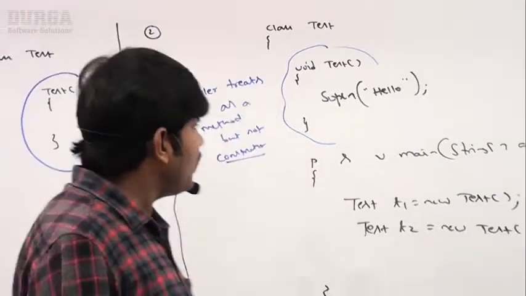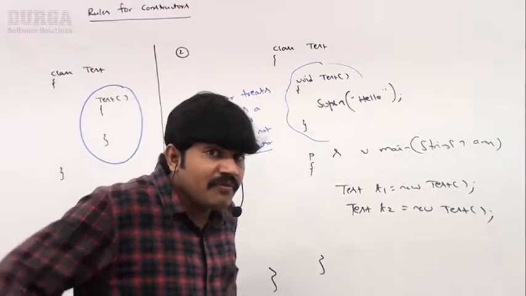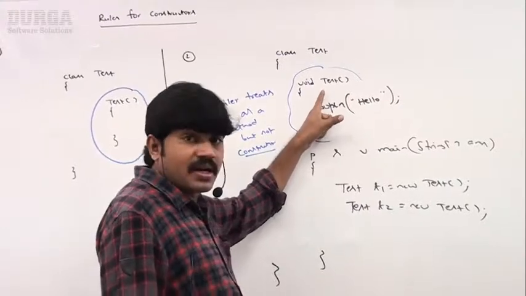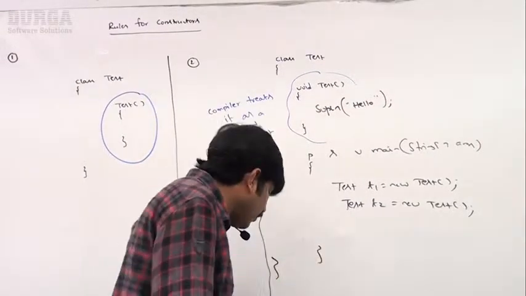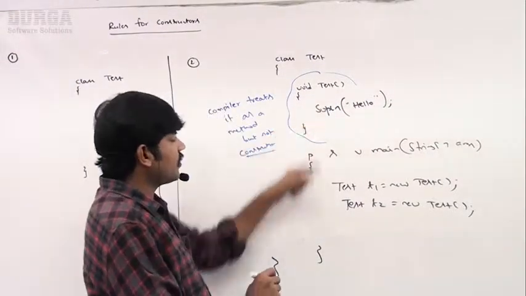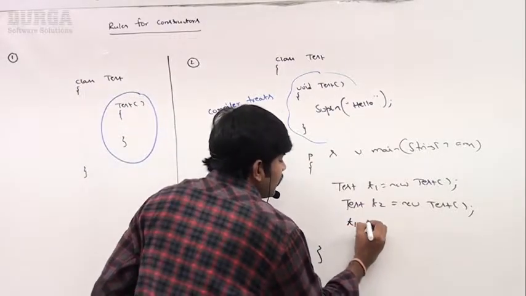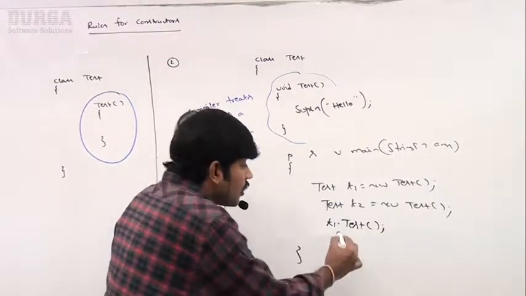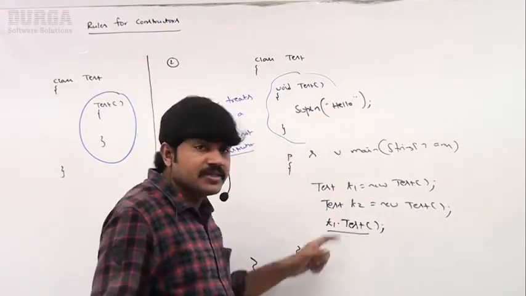Remember, if it is a method, when will the method execute? Only whenever we call it. Sir, now I want to call this method: T1.Tester(). Now it will be executed.